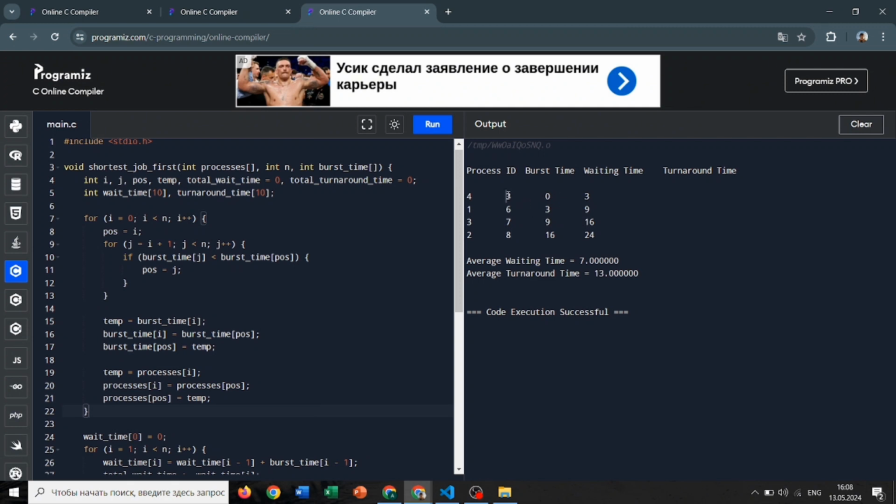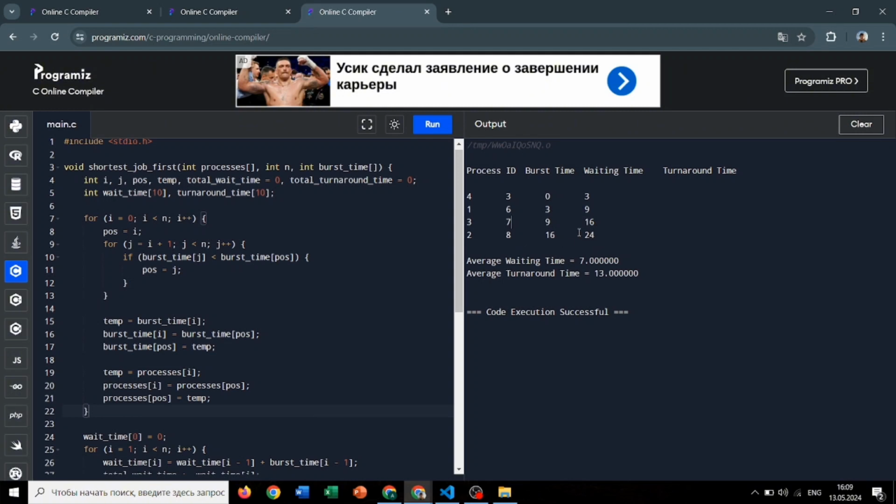And this is the sum. The turnaround time is the sum of burst time and waiting time here. As you can see, 3 plus 0 is 3, 6 plus 3 is 9, 7 plus 9 is 16, 8 plus 16 is 24.